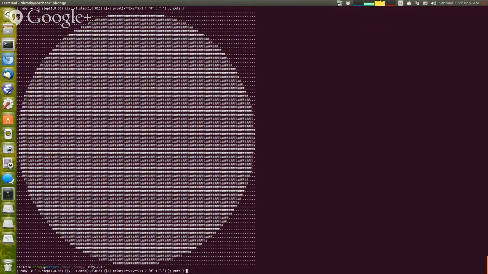Right here, instead of printing a hash mark, I want to print out from 0 to 9 how tall the sphere is. Does that make sense? Okay.